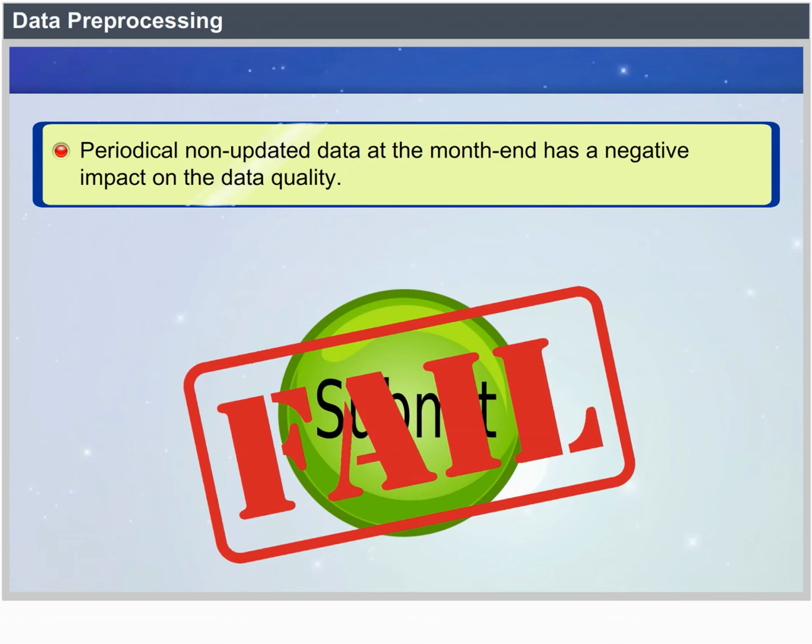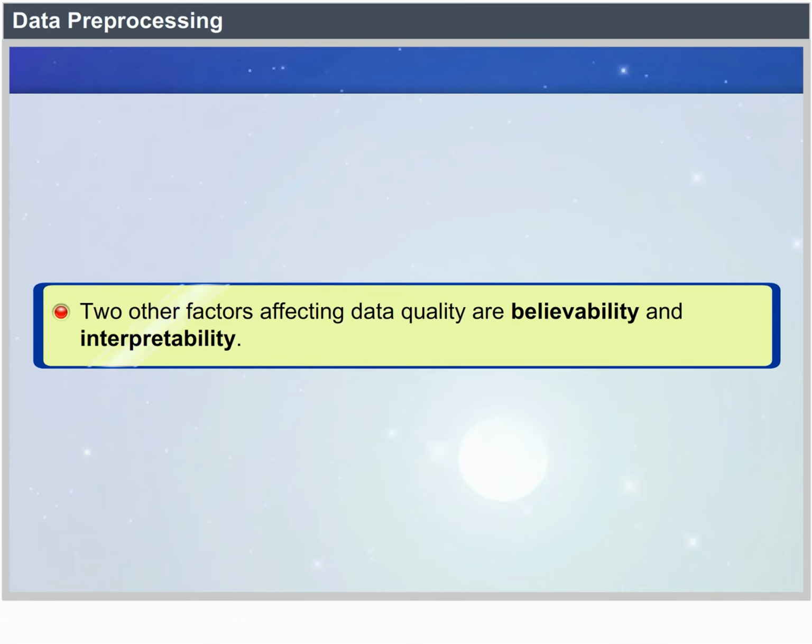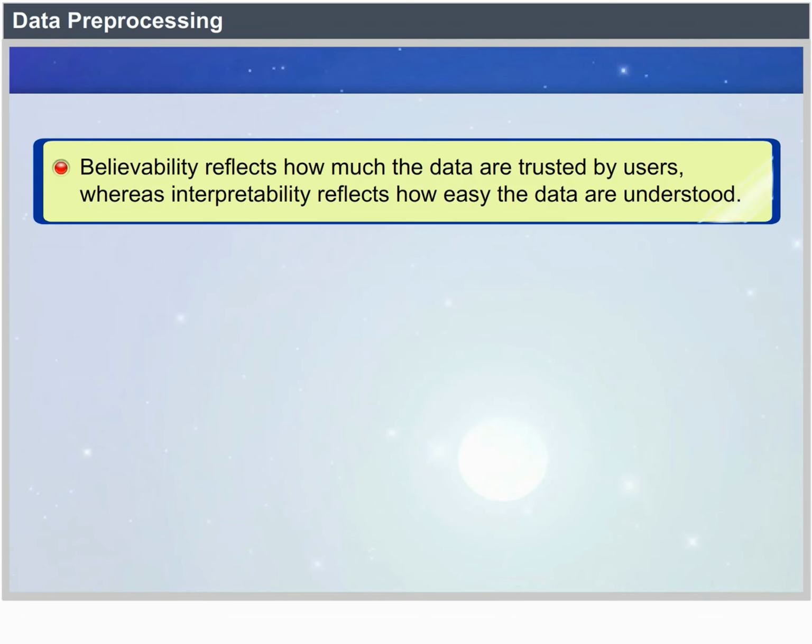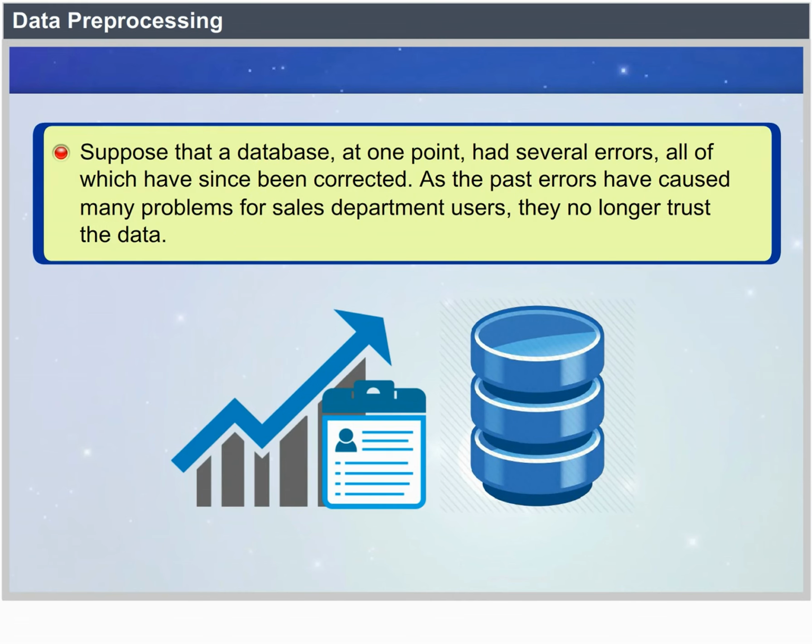Two other factors affecting data quality are believability and interpretability. Believability reflects how much the data are trusted by users, while interpretability reflects how easily the data are understood. Suppose that a database at one point had several errors, all of which have since been corrected.